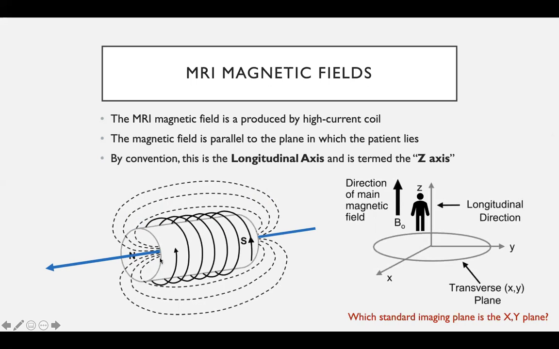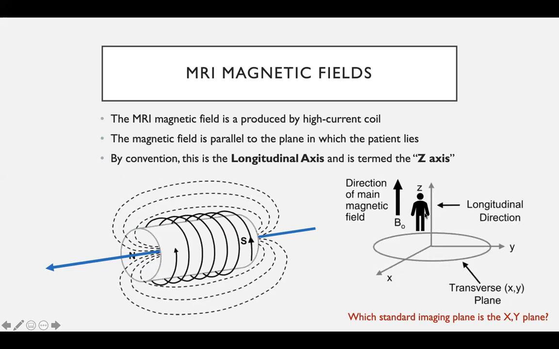If we think of these coils being in the tube that the patient goes in, the patient is going to be lying in the south to north orientation. On our left, the main magnetic field goes typically from the patient's feet to their head, but it can also go from their head to the feet. We call this orientation the longitudinal direction and the z-axis.